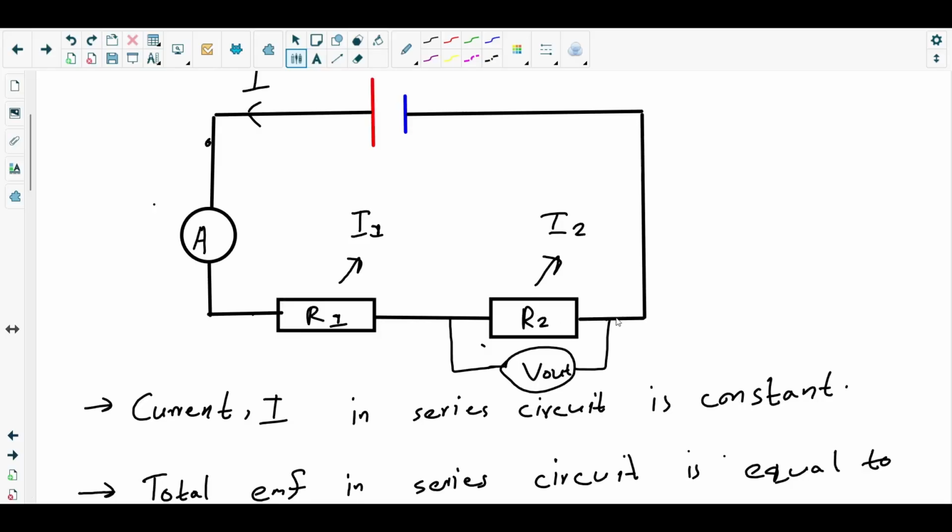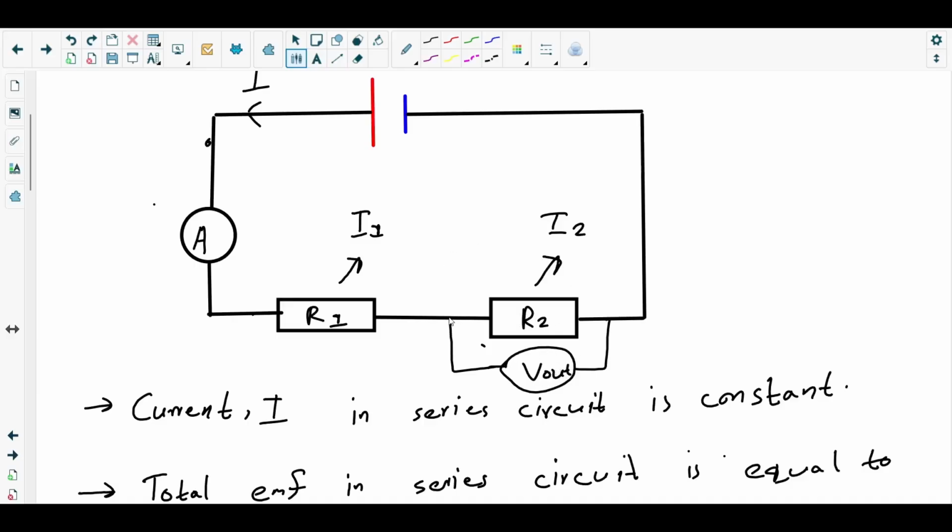When I explained the potential divider circuit equation, I told you that when we discuss Thevenin's theorem, we will need the idea from the potential divider circuit. If we look at resistor R2, across it we got the output voltage, right?